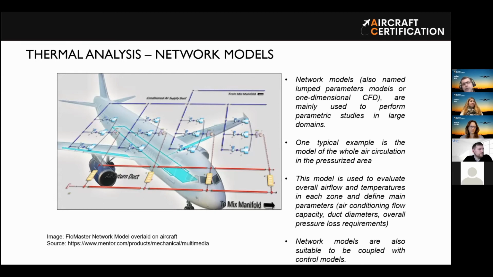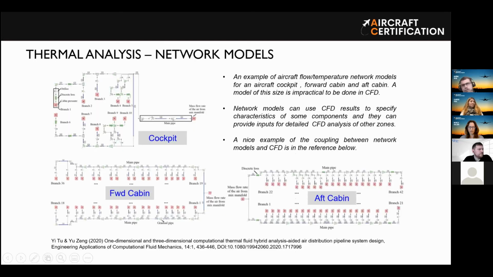Also, we can couple this type of model with the control system. We can have another model of the control system that can be coupled with this type of model. So this is just to let you know that this type of model is very useful. And I just show here one example for you to have more of a feeling.